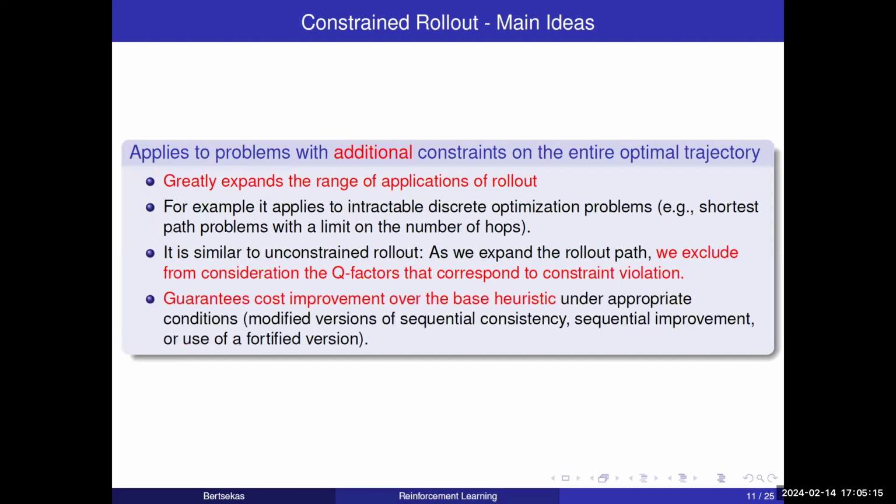It guarantees cost improvement over the base heuristic under appropriate conditions. We're going to look at modified versions of sequential improvement and sequential consistency, and in the absence of either of these properties, we introduce a fortified version of constrained rollout. But even with the fortified version, you still have to make some assumptions on your base heuristic.